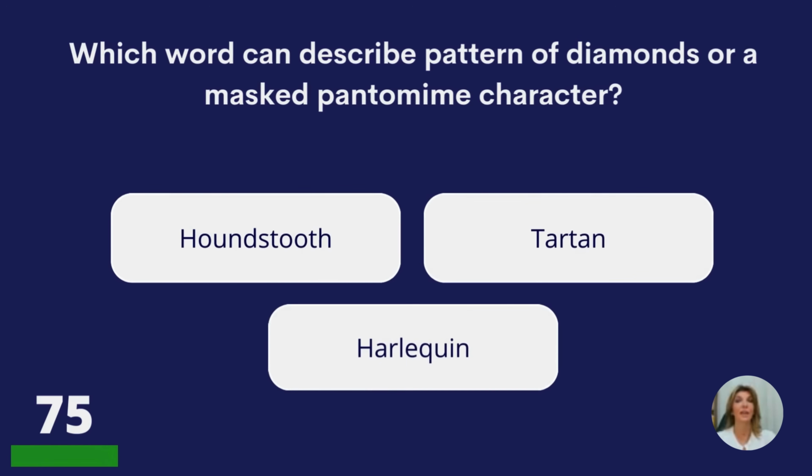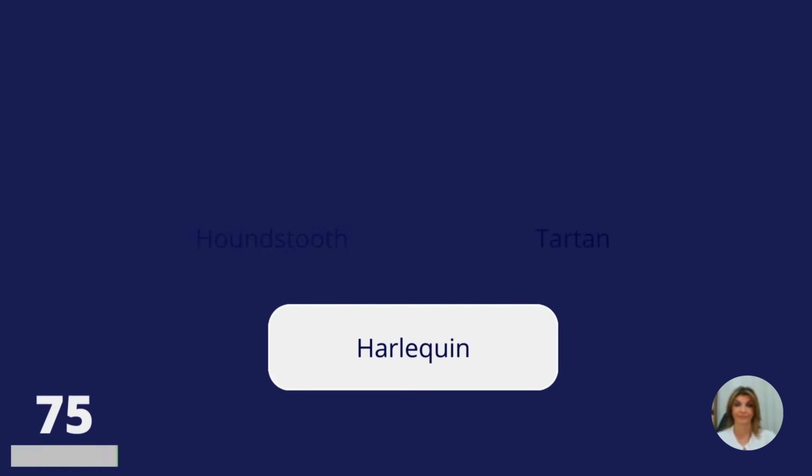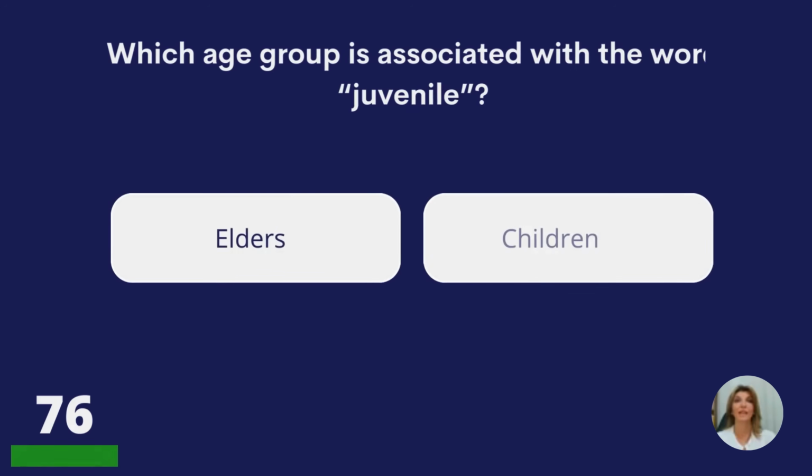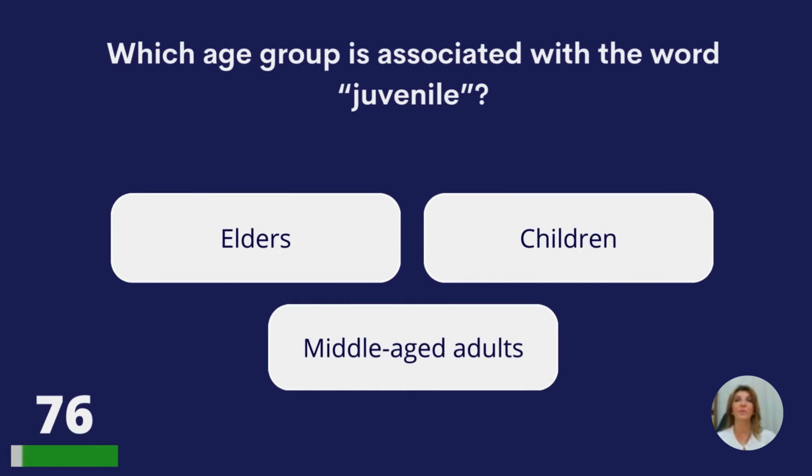Which word can describe a pattern of diamonds or a masked pantomime character? Houndstooth, tartan, or harlequin? Harlequin. Which age group is associated with the word juvenile?